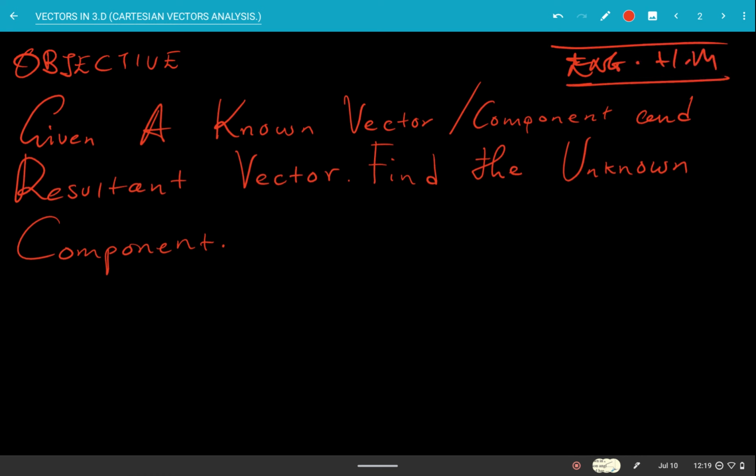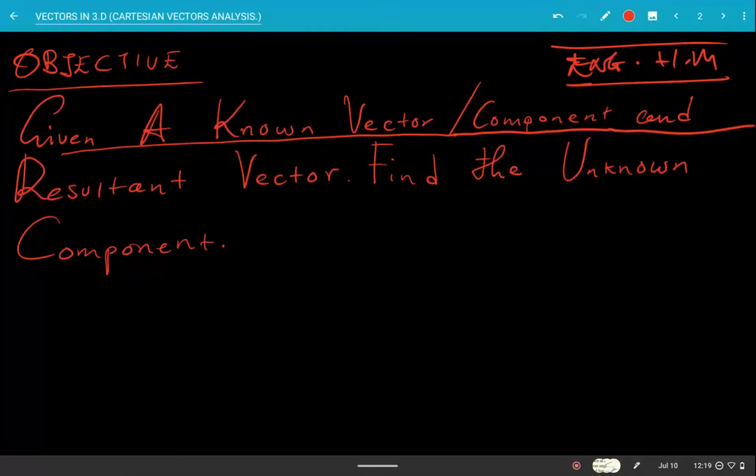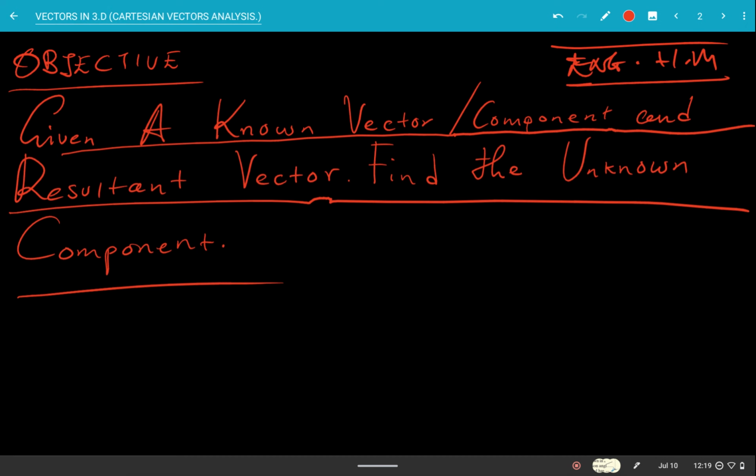In this video, our objective is: given a known vector or component and the resultant vector, can we find the unknown component? Given a known vector, which could also be referred to as a component, and the resultant vector, find the unknown component.